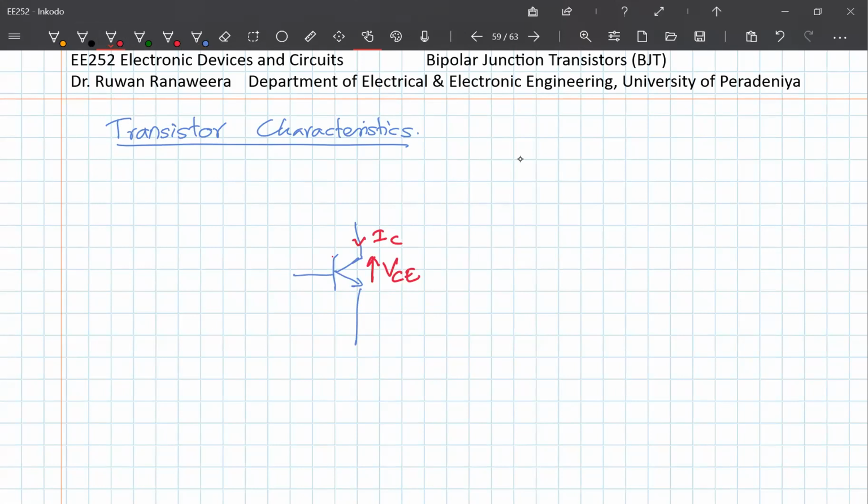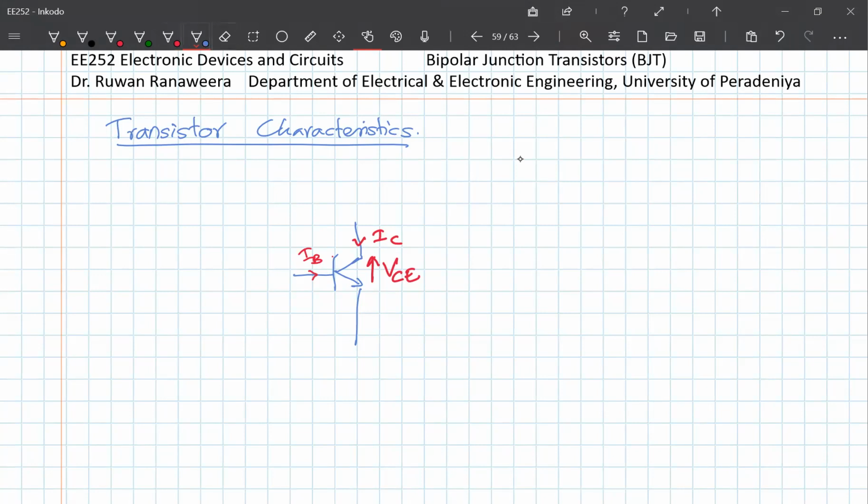In order to do this, we are going to change the current through the base, IB, and also change the applied VCE voltage, and measure IC and VCE.